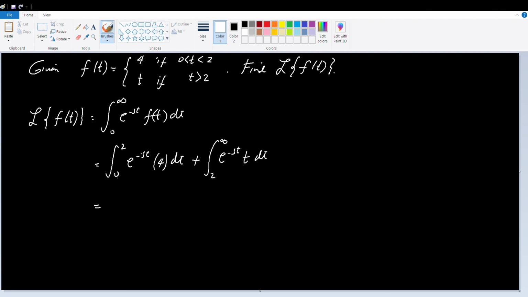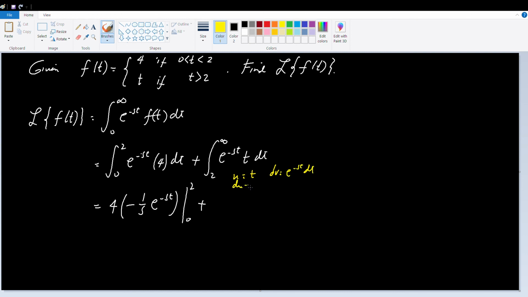So the integral of 4 e to the negative st is negative 1 over s e to the negative st from 0 to 2, plus, for the integral of e to the negative st times t dt, we shall apply integration by parts, where u is equal to t, dv is equal to e to the negative st dt.